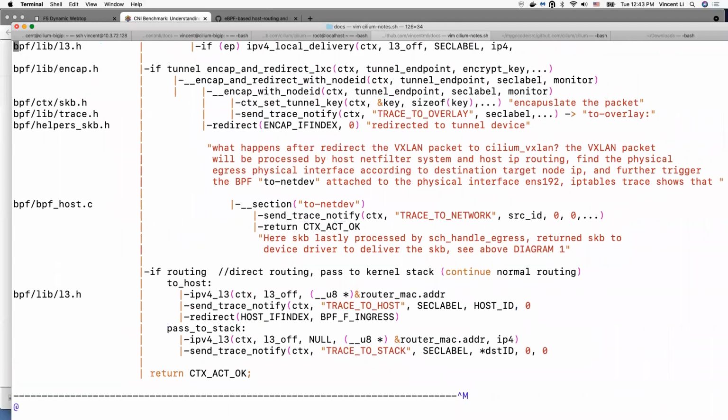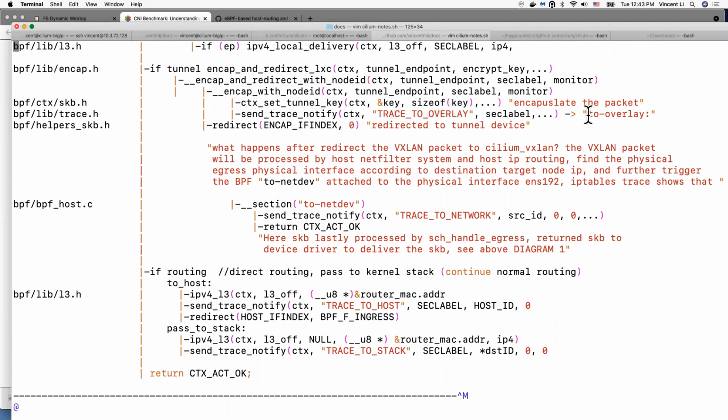That's what this function does. It's a kernel function to encapsulate the packet, then send a trace notify trace to overlay.